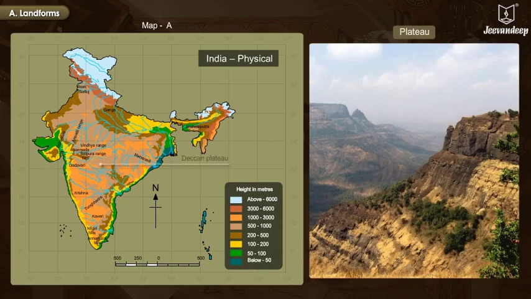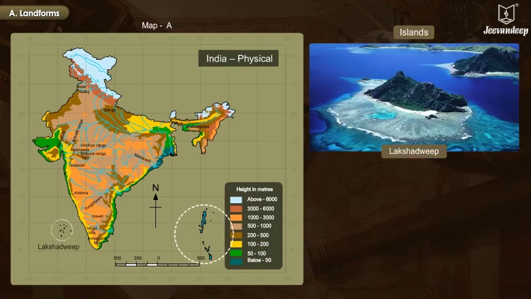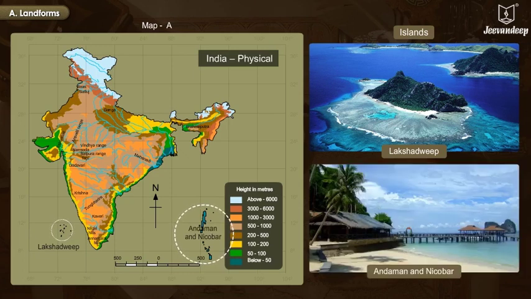Plateau. The Deccan Plateau in the south and center of India, where many rivers cut across the plateau. Islands. There are Lakshadweep Islands in the west and Andaman and Nicobar Islands in the east.